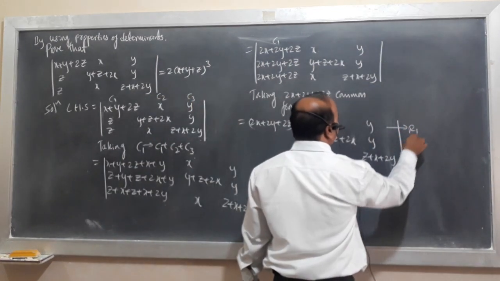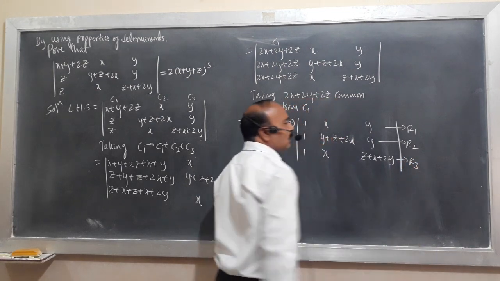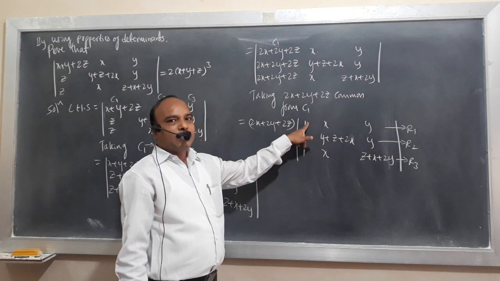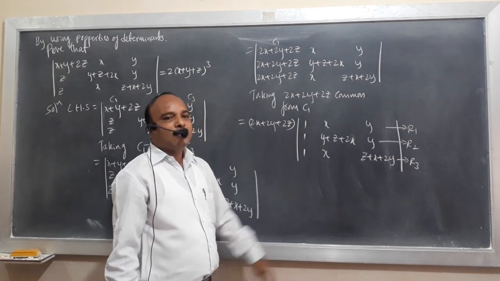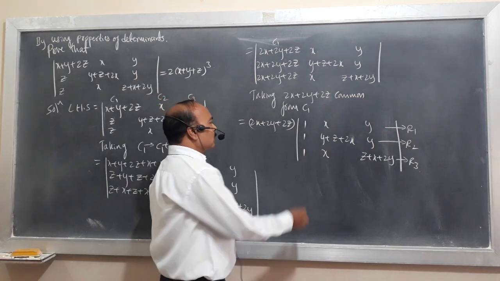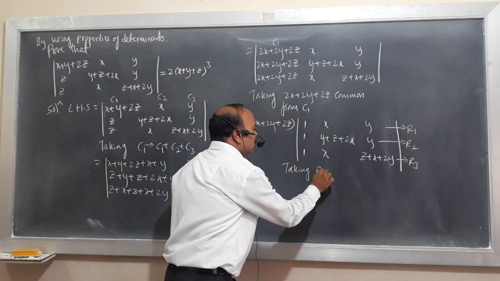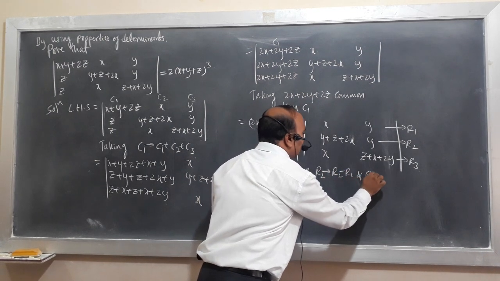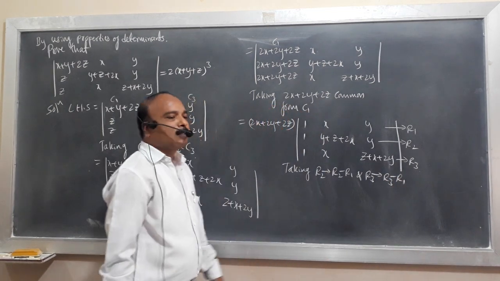It is R1, R2, R3. If we take R2 minus R1, we get 1 minus 1, 1, 0. R3 minus R1, we get 1 minus 1, 1, 0. For that, we take the transformation, taking R2 as R2 minus R1 and R3 as R3 minus R1.